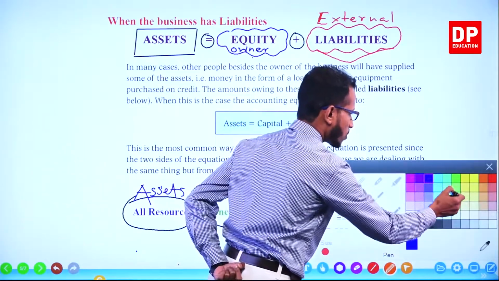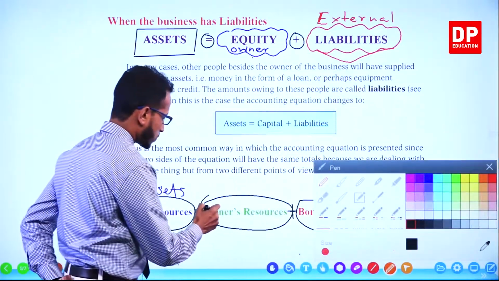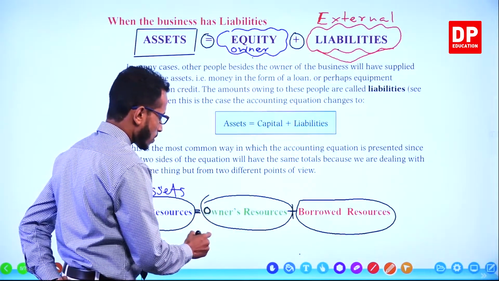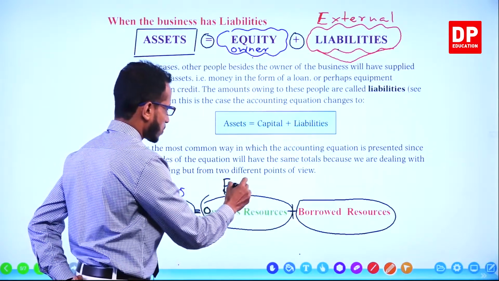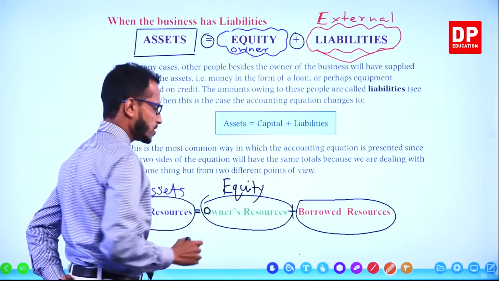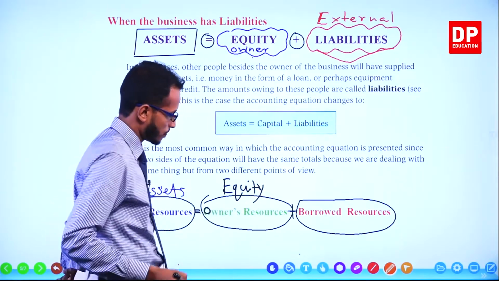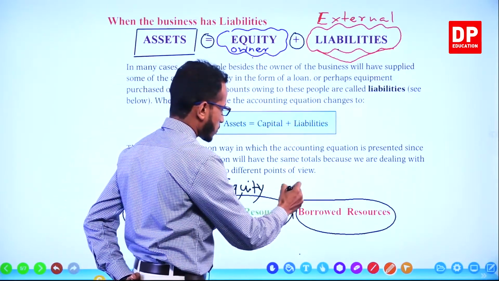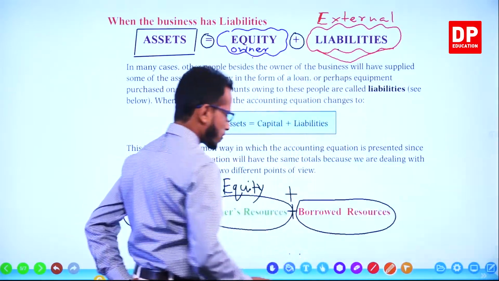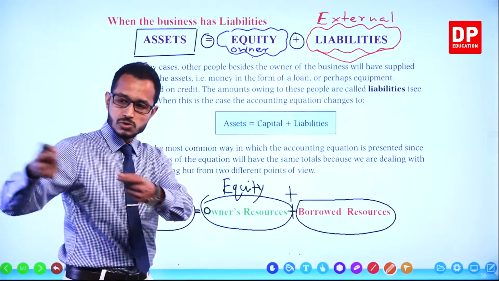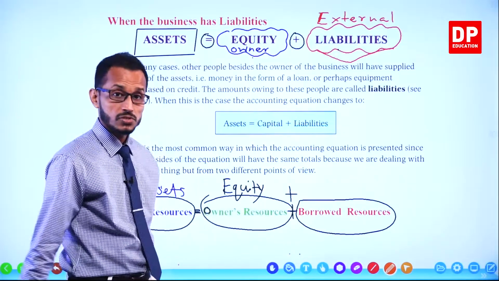And owner's resources are called what? Owner's resources are called equity. Can you give me another word, please, for equity? Capital. Good. Equity or capital. Plus external borrowings, or the resources which we have borrowed from external parties to invest in the business.